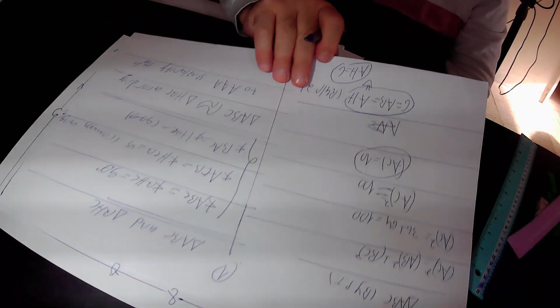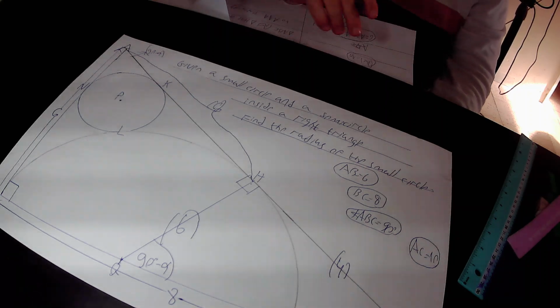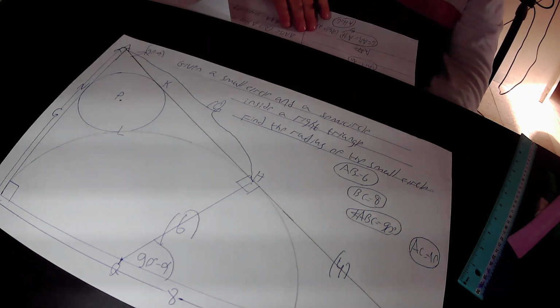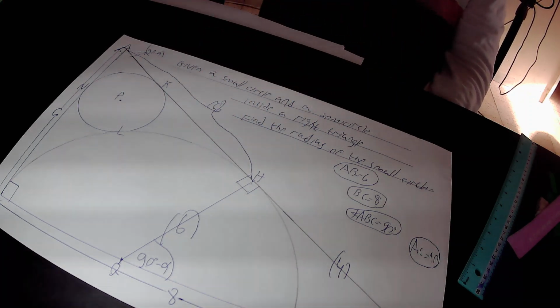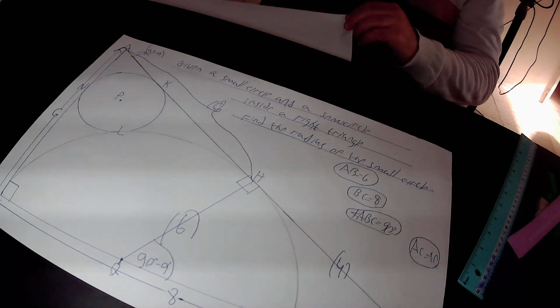And from the fact that the big right triangle ABC is similar to the small right triangle HCQ, we will derive the following relationship between their sides.